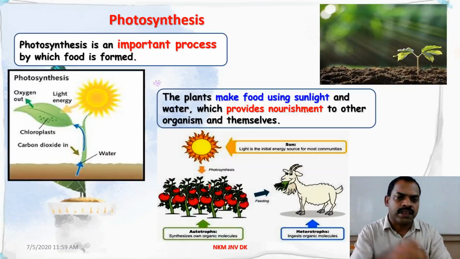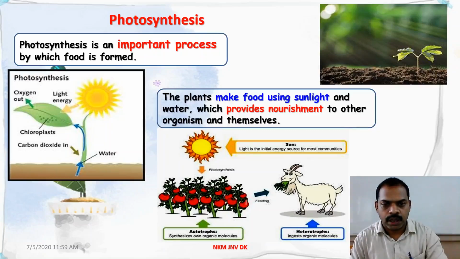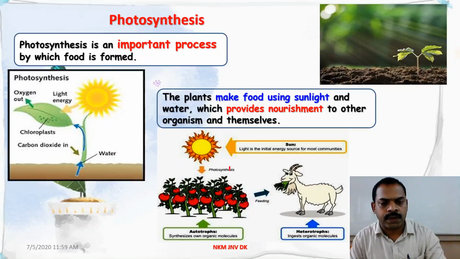As you are seeing in this image, the plant uses water and other minerals from the soil, carbon dioxide from the atmosphere, and light from the sun to produce food, which is received as food by other organisms.